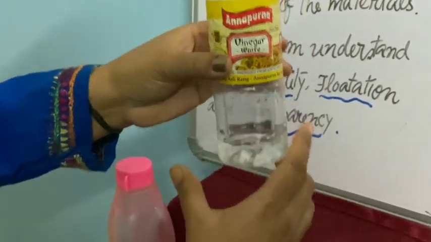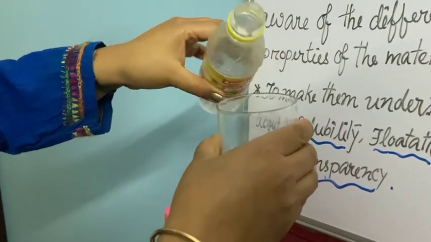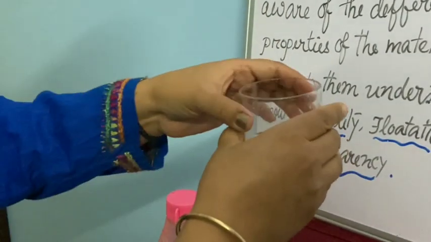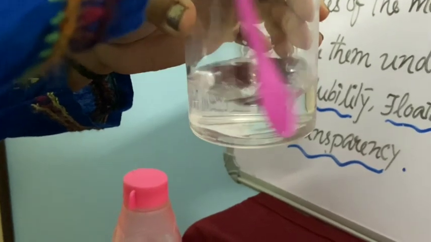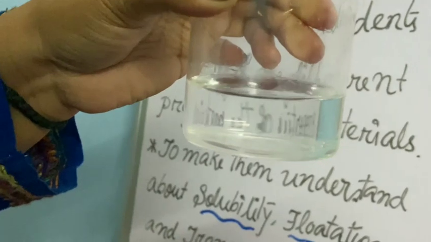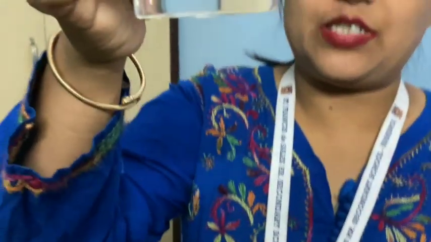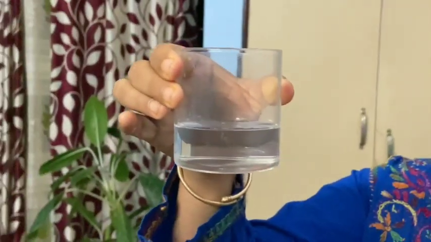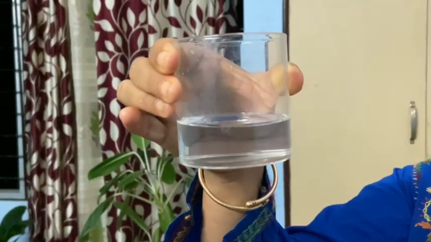Okay children, so let's check whether vinegar is soluble in water or not. Yes. So you see, I have mixed this vinegar in water. Now after stirring it, see, so nicely the vinegar has got mixed with the water. Can you see this? Yes, it is very clear, isn't it? So we can say that vinegar is soluble in water.